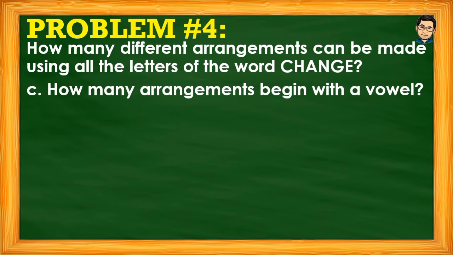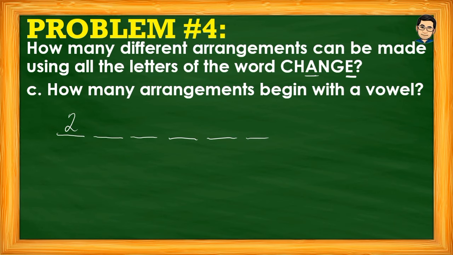For letter C naman, how many arrangements begin with a vowel? Okay, so dito naman yung arrangements po, nagsisimula po sa vowel. So again, 6 na guhit. And then, identify natin yung mga vowels sa salitang change. So, yun po yung letter A and letter E. So, dalawa po ang pwede nating ilagay doon. Next. Sa pangalawa naman, ilan ang pwede nating ilagay? Okay.